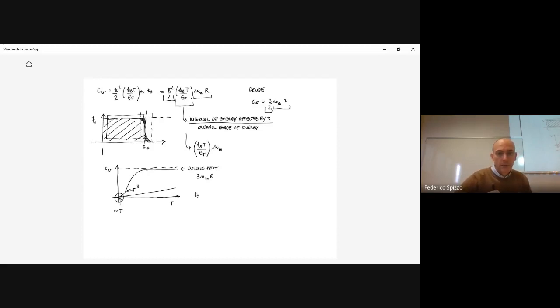And I would just like to summarize briefly what we found before switching to the next way to describe the properties of the electrons in the solid. That is the way that we will use nearly till the end of the lessons.